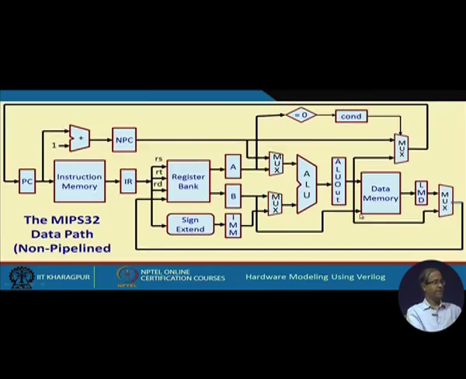Okay. Now, you see whatever we have talked about, overall the data path can be very conveniently represented or drawn like this. This is our non-pipelined data path of the MIPS 32. You can identify the different stages.